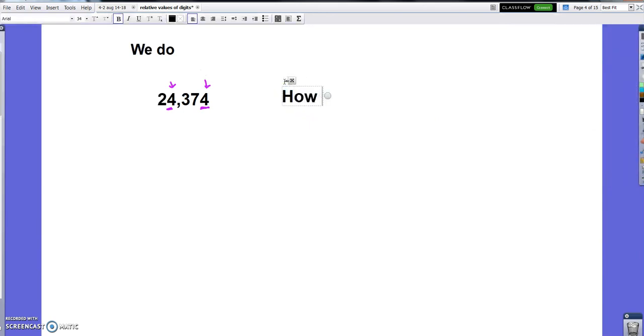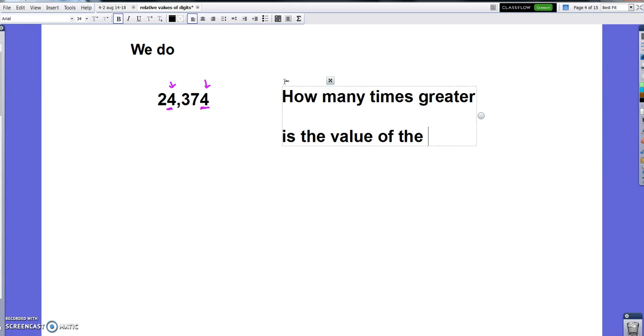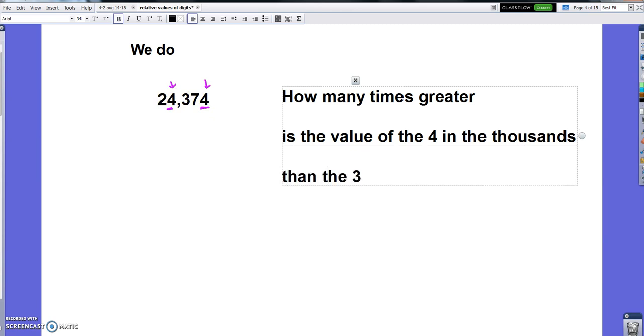How many times greater is the value of the 4 in the thousands place, the greater 4, the 4 that is worth 4,000, than the other 4, than the 4 in the ones place?